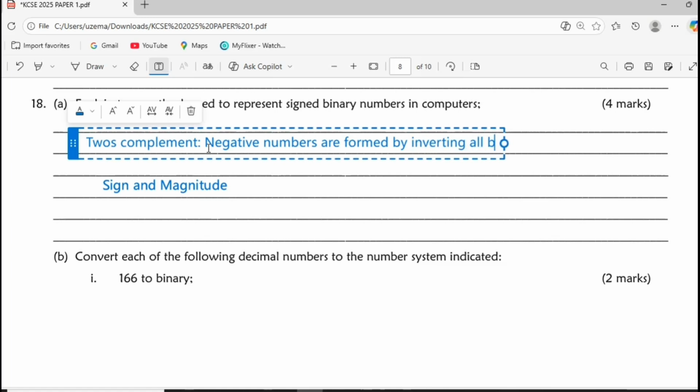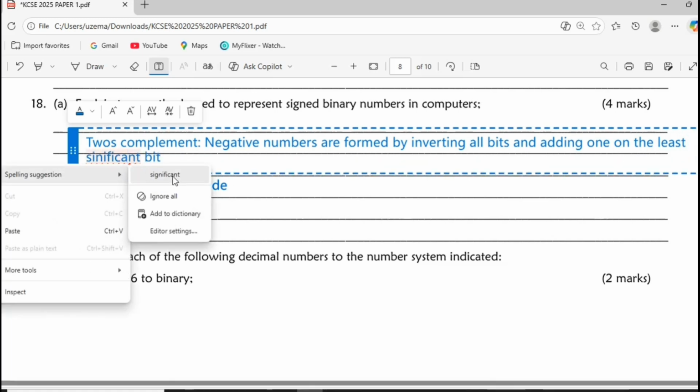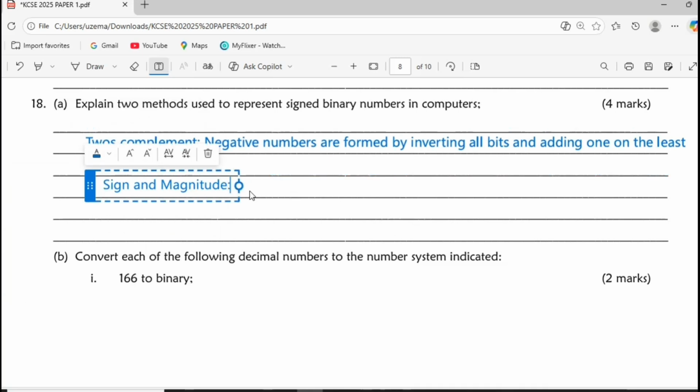Anytime you want to convert a decimal number to binary, the procedure is very simple and straightforward. That is, you divide the number repetitively by 2. Remember, this is a number which is in base 10. Decimal numbers are numbers that are in base 10, and you want to convert them to base 2.